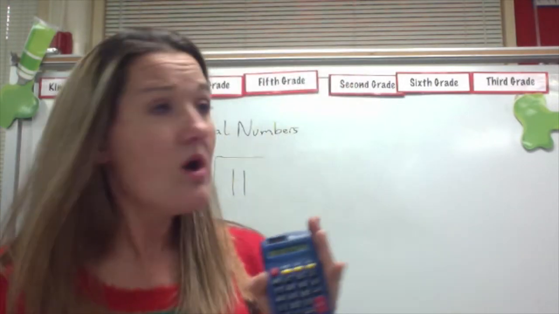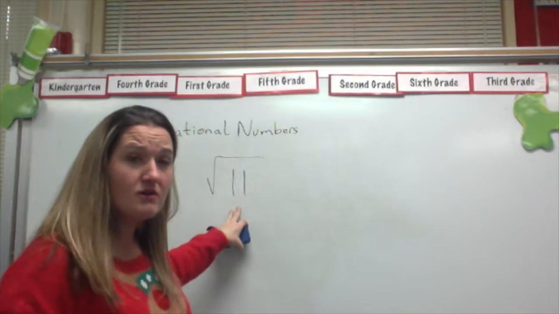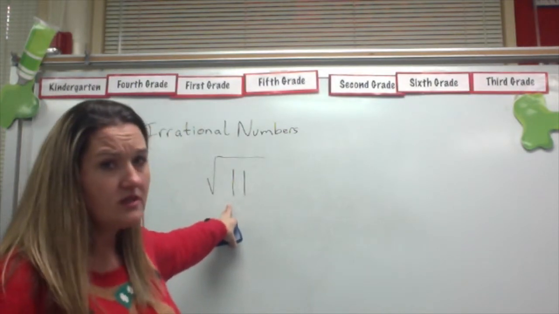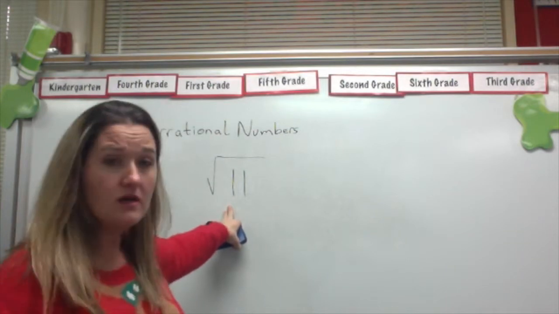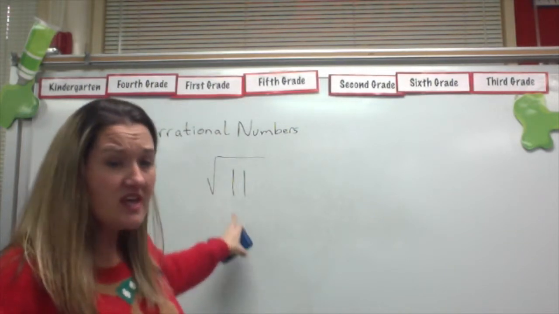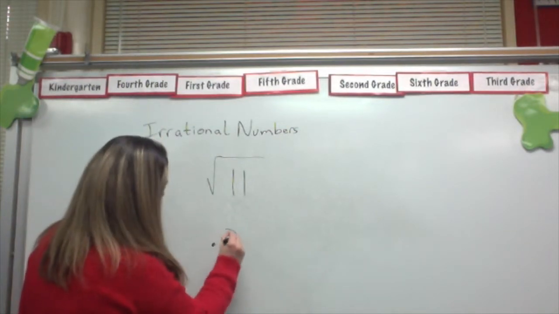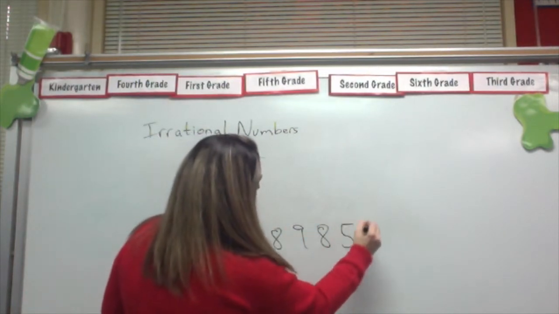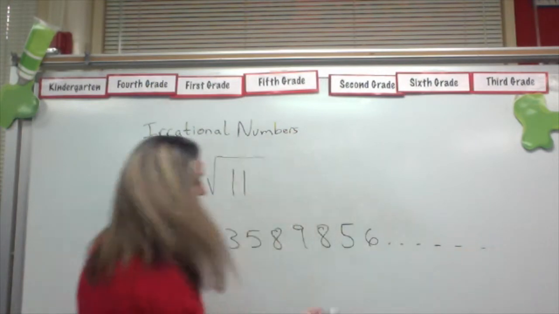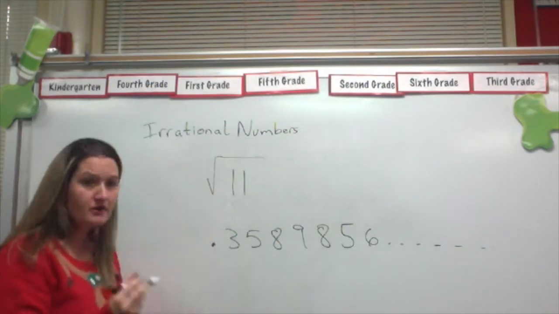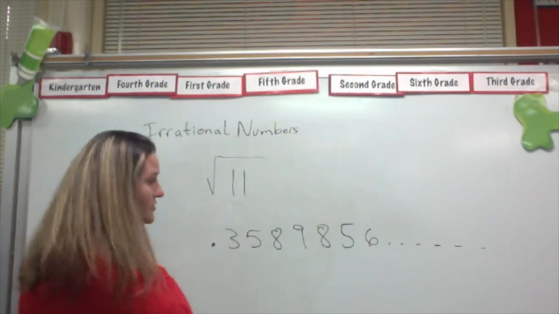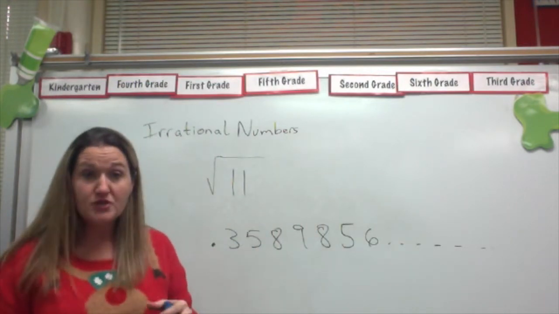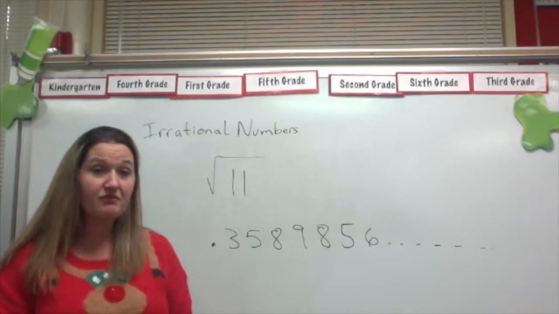So, bottom line, if you have to find the square root of a number that's not a perfect square, it's going to be irrational. Any number that is just a random string of numbers that goes on forever, with no sign of any pattern or repetition, is an irrational number. It's impossible to write that as a fraction.